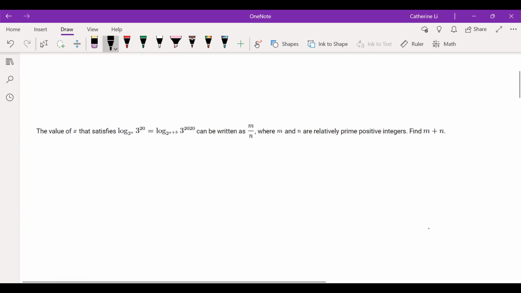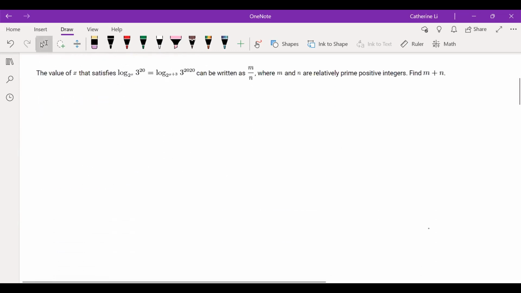So the first one is this problem. And I think we're just going to go ahead and do it right now because it's not super hard. So we have the value of x that satisfies this equation can be written as m over n, and then we want to find m plus n.